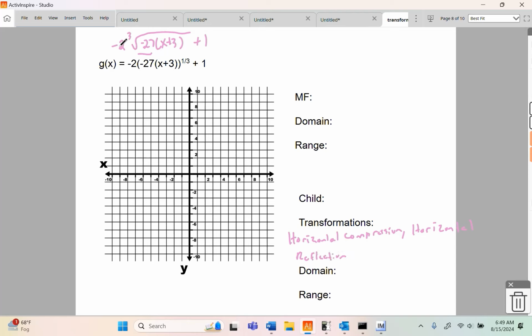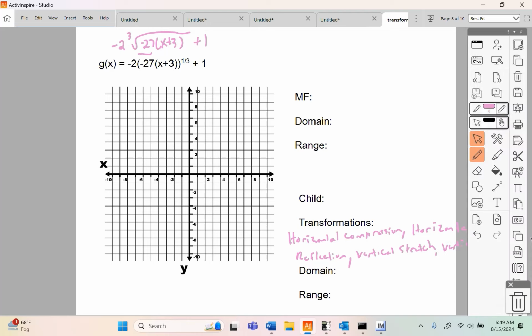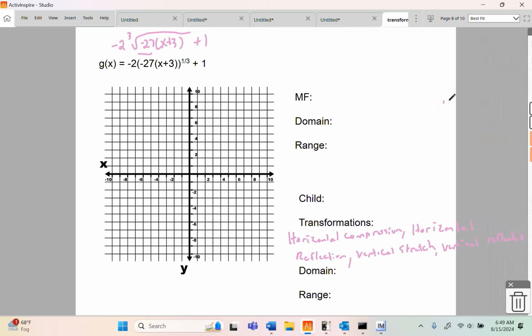And then we look outside, and I see that I also have a vertical stretch. Twice as tall, which makes it even skinnier. And you have another negative symbol out front, which is a vertical reflection. And again, we're going to do some math, and we're just going to make it all disappear.